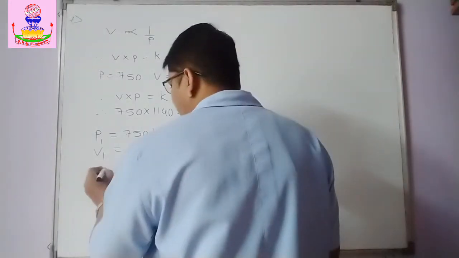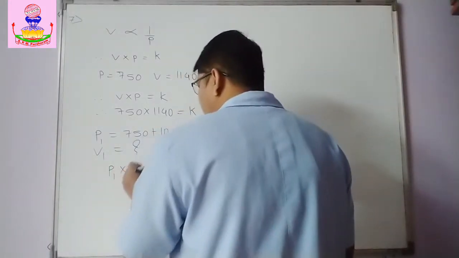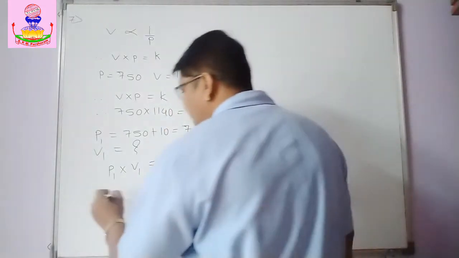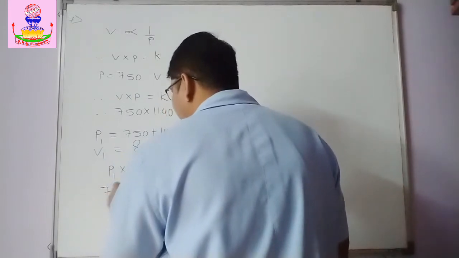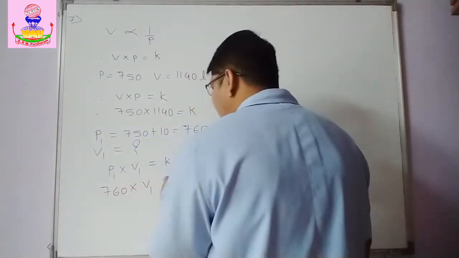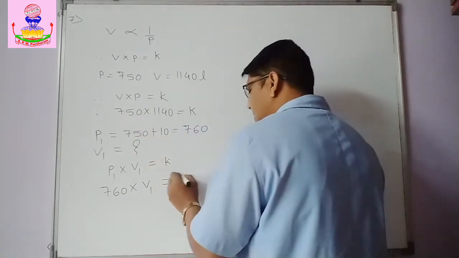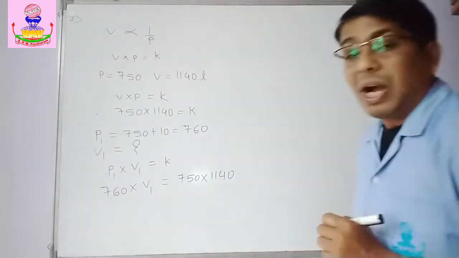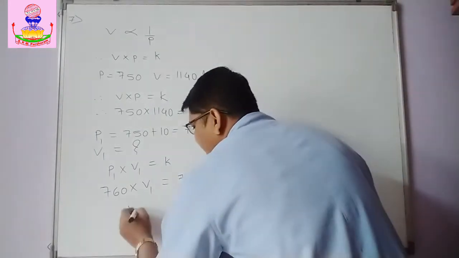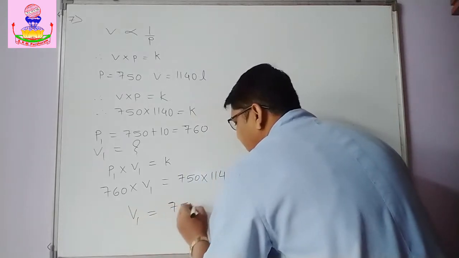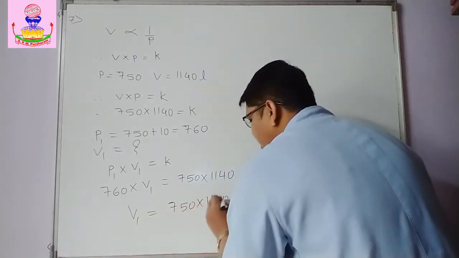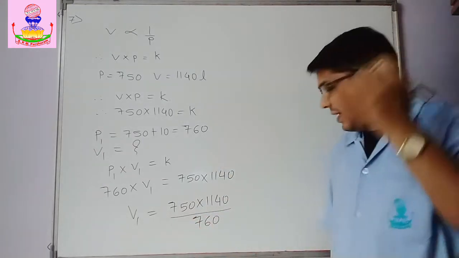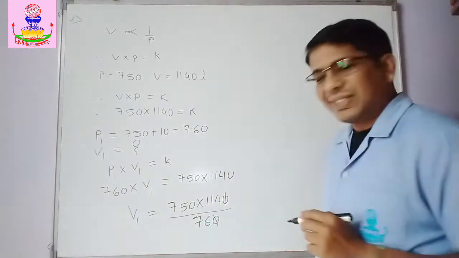We know that P1 into V1 will also be equal to K, because P into V is K. Now P1 is 760, V1 we don't know, and the K value is 750 into 1140. Now I want to find V1. So V1 is equal to 750 into 1140 divided by 760. Now 10 gets cancelled.